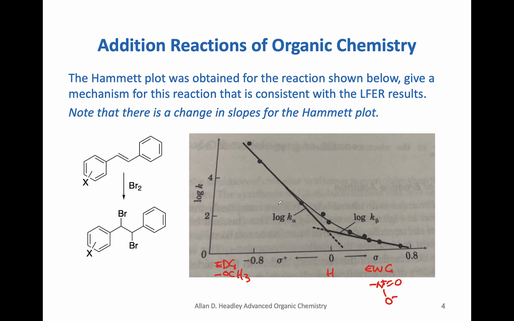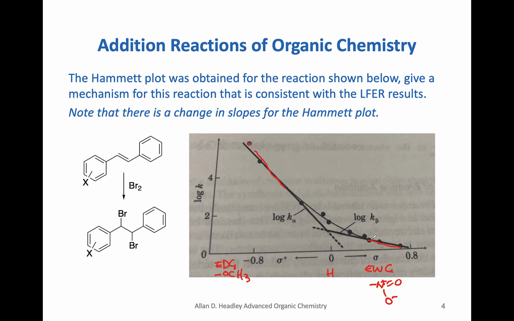But let's look at this plot again. Notice there's a change in slope. The OCH3, for example, favors the reaction. As you get less electron donating ability, the reaction rate slows down. Notice this slope is negative, which would imply that the intermediate is positive. Notice it changes slope, however, but still remains negative, but not the same magnitude as we have here.